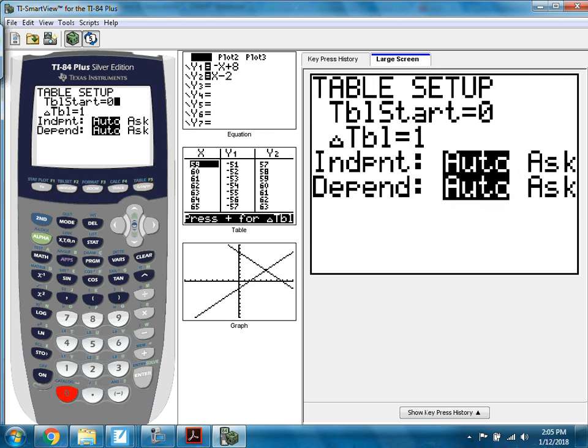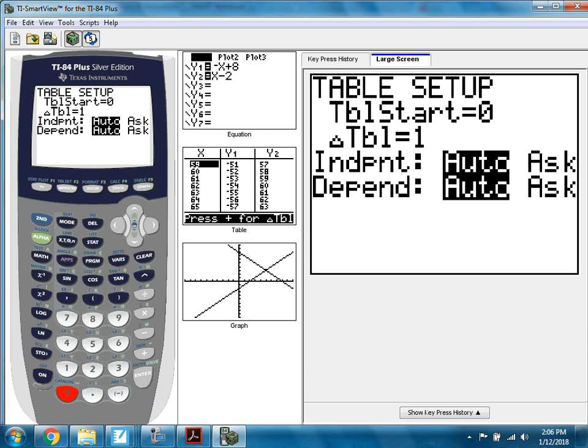So I'm going to have you go to the table set. Do you see how table set you get to by pressing second window? So have your table start at 0 and have your table go up by 1. Okay?